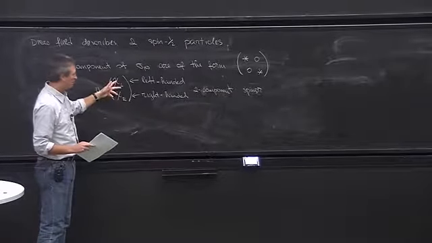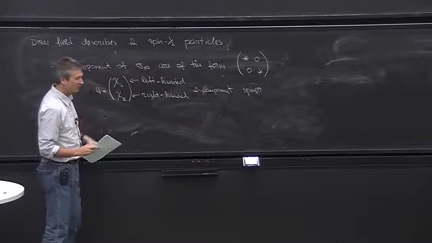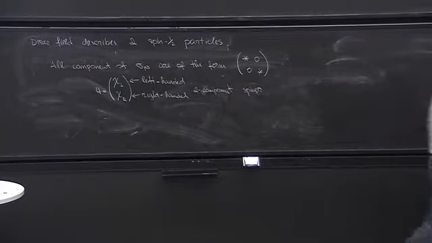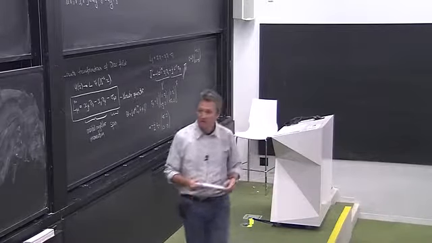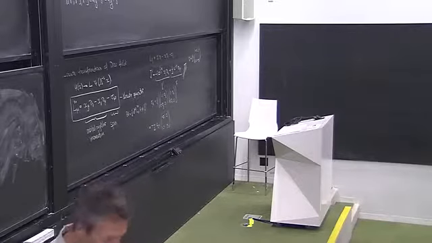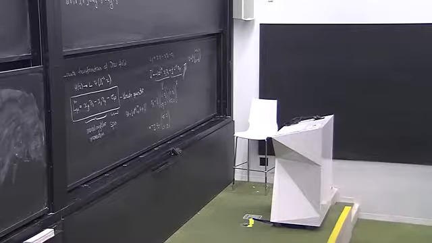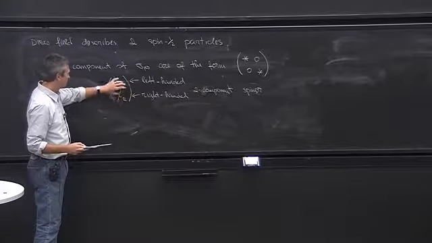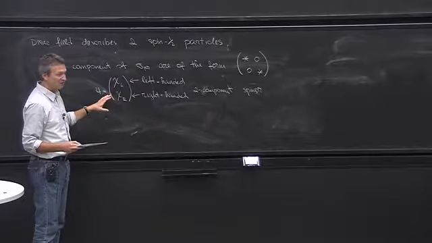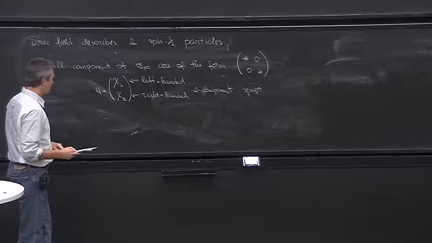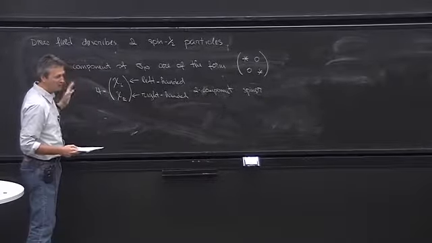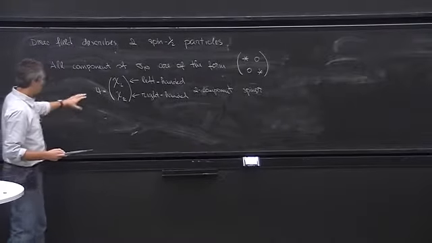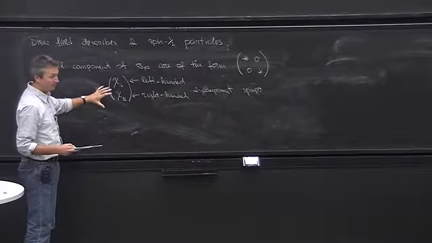Can we live with just one 2 component object? Yes? Sorry, to be clear, is the letter there chi? Yes. All right. So the question is, can we formulate the theory just in terms of these two component objects? And the answer is actually yes. But there are reasons why four-component spinors are more ubiquitous. So we'll return to that when we discuss fermions without mass.